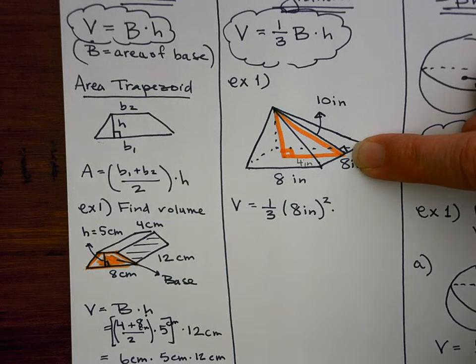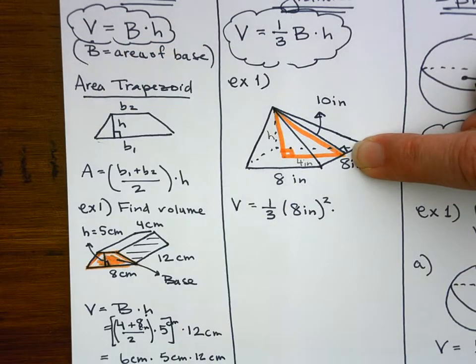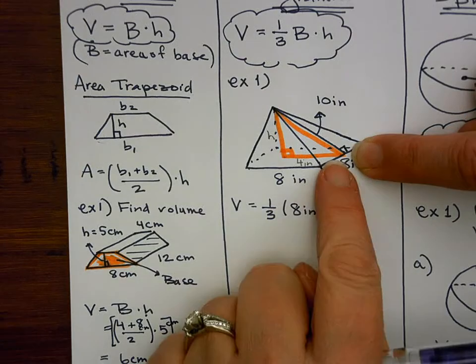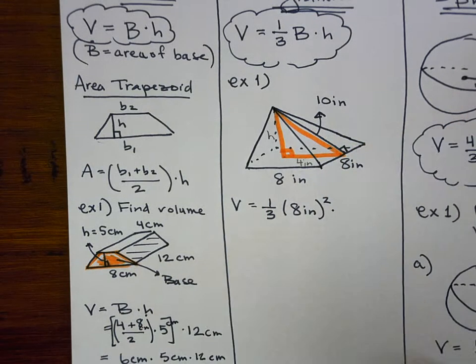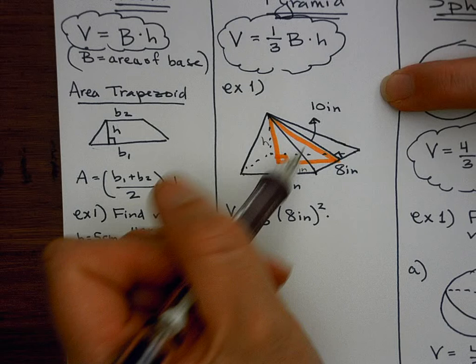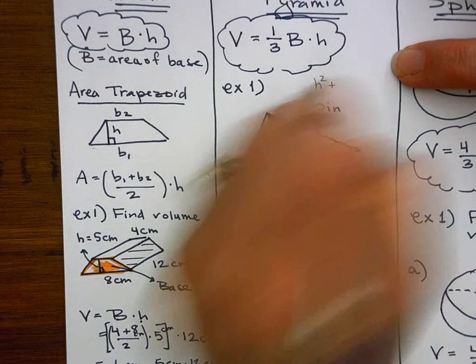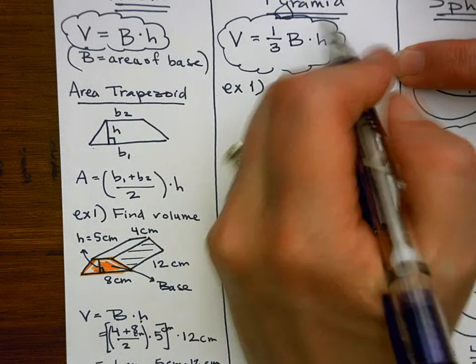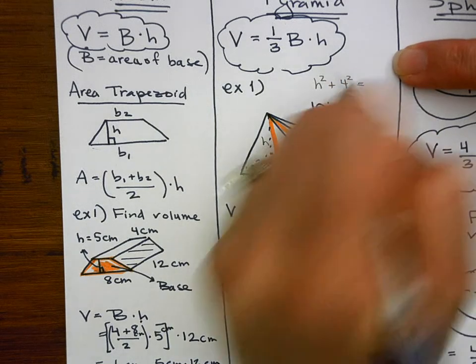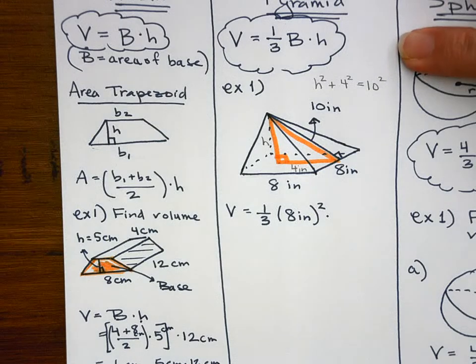So in order to find the height, so I'm going to call that h, I need to do the Pythagorean theorem. So I know two sides and I'm missing, right, that third side. So I'm going to find the height, and I'm going to just do that off to the side here. So it's a squared plus b squared equals c squared, but my a squared is h, so I have h squared plus 4 squared equals the hypotenuse, which is 10 squared. And then from there, I'm just going to solve for that.